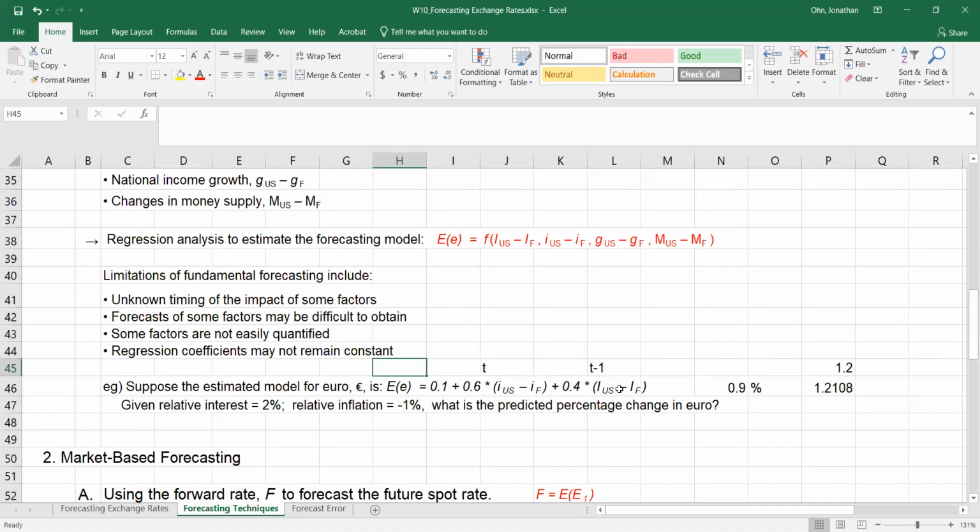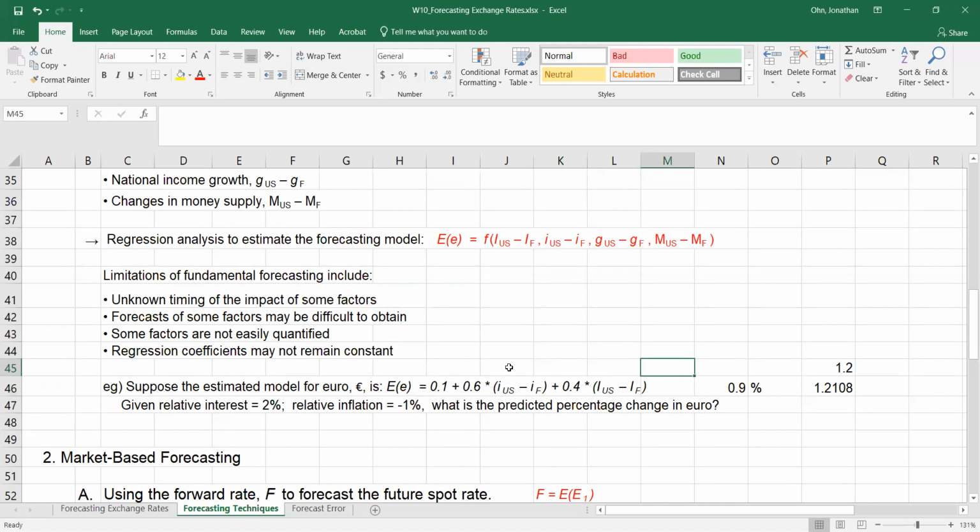Last year's relative inflation has impact on the expected exchange rate. This way you can take care of the different timing of the impact of these two factors. That's one way. You can find this one in your problem.